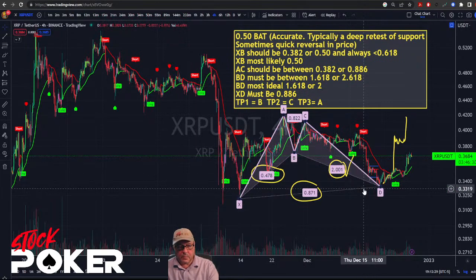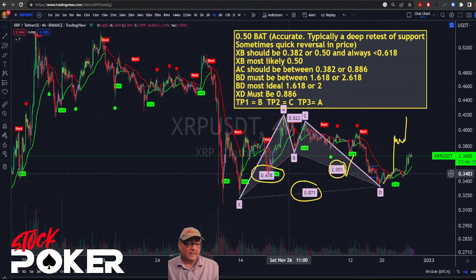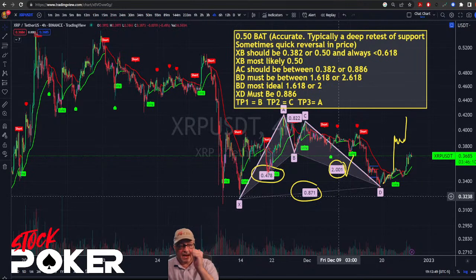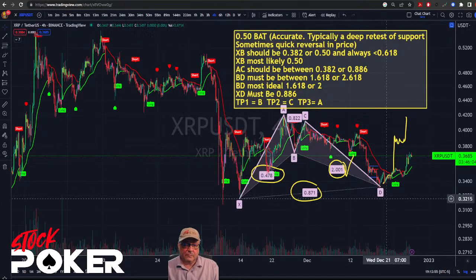Point B to point D needs to be between 1618 and 2618, and ideally it would hit the 1618 or the 2618. So when I see this first retracement hit the 0.5, and I see this projection hit the 2618, and then the XD has to hit the 0.886, it just hits it real perfect.